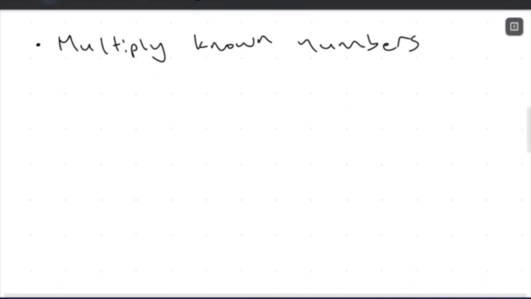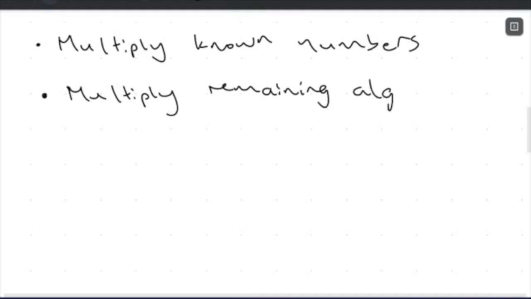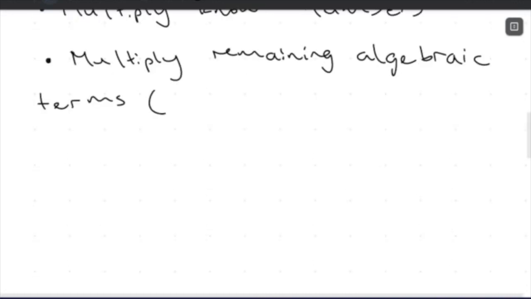But when we consider algebra, we multiply our known numbers and then we multiply the remaining algebraic terms. And in doing this, we are considering the like terms.